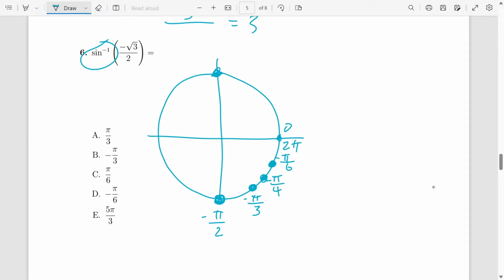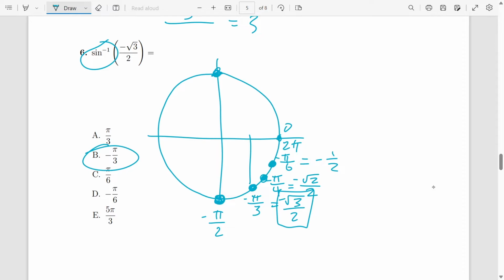Those are the three key arc lengths that are down here. And hopefully you remember that these are negative 1/2, negative root 2 over 2, and negative root 3 over 2. And this is exactly what we're looking for. So our answer is negative pi over 3.